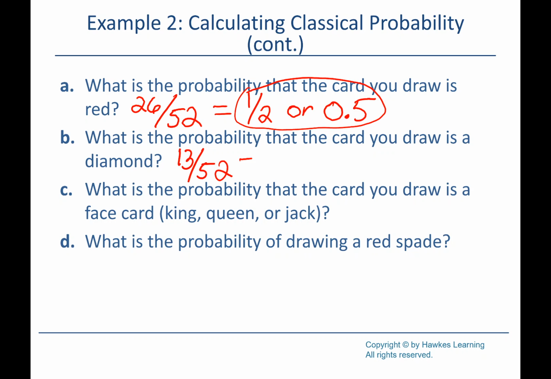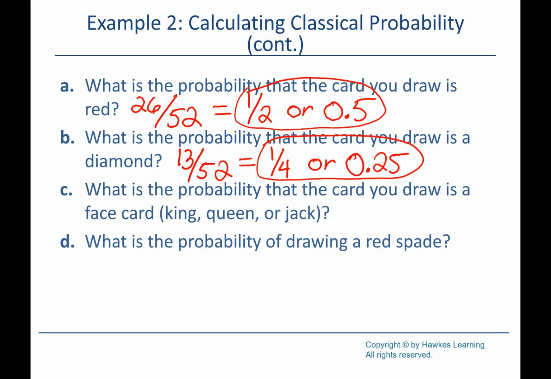I think that's 1 out of 4 or 0.25. So 1/4, I'm just dividing top and bottom by 13 there. If that bothers you, just do 13 divided by 52, you'll get 0.25. Questions so far? Okay, where we're getting our numbers from?